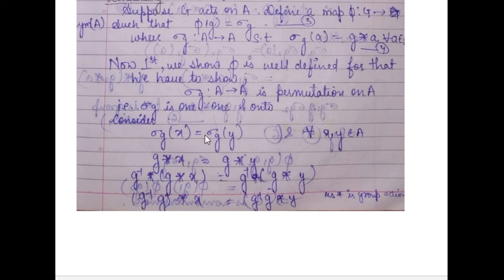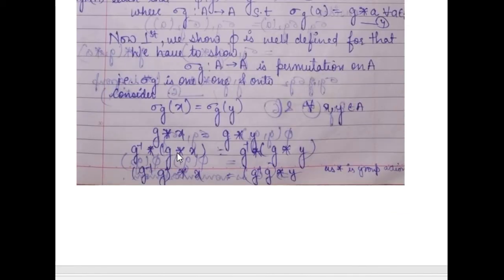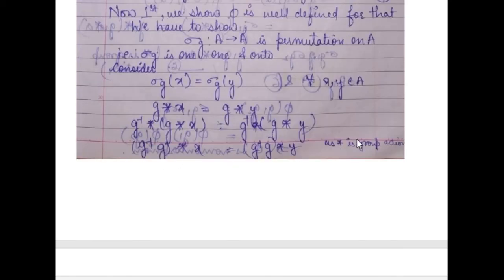So let x and y be any two arbitrary elements of A. Assume that sigma_g(x) equals sigma_g(y). By the definition of sigma, this means g star x equals g star y. Now we operate by g inverse on both sides and use the group action property.